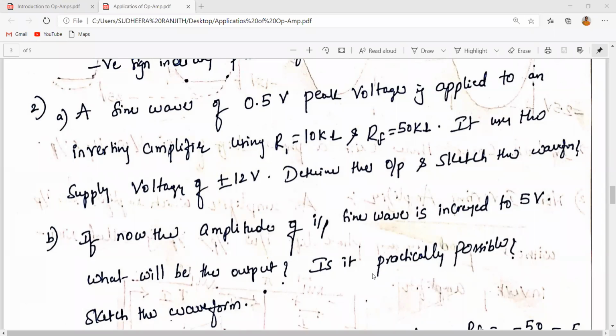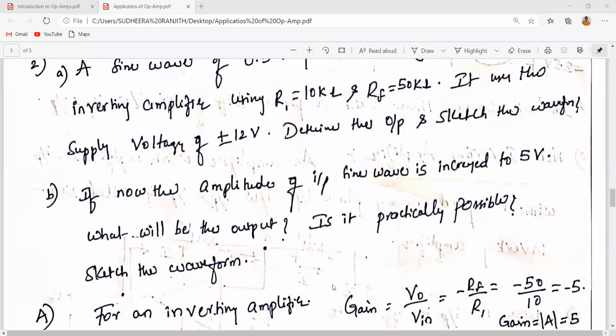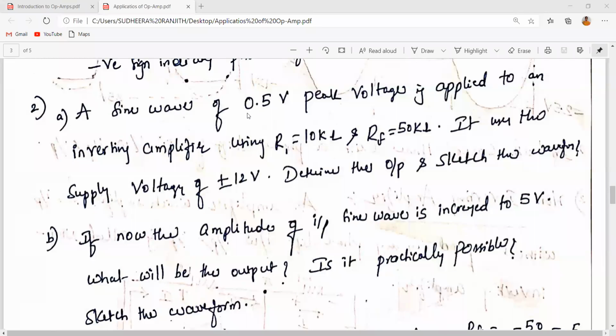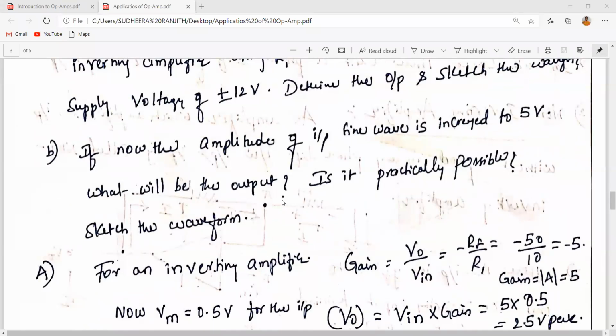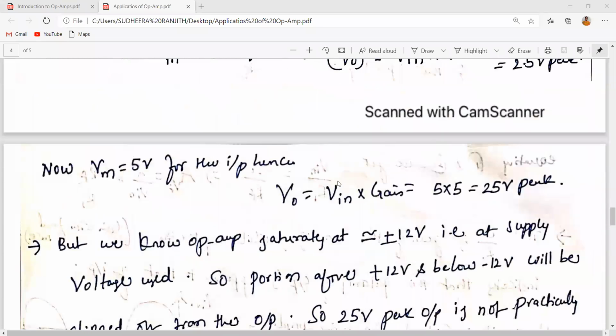Is it practically possible? Sketch the waveform. This is an interesting question. To solve the problem, first we have to write the given data. The input is 5 volts.